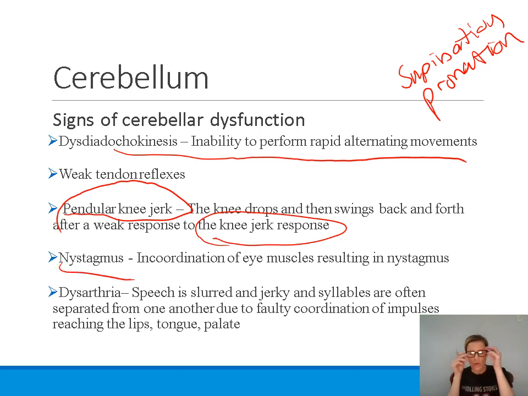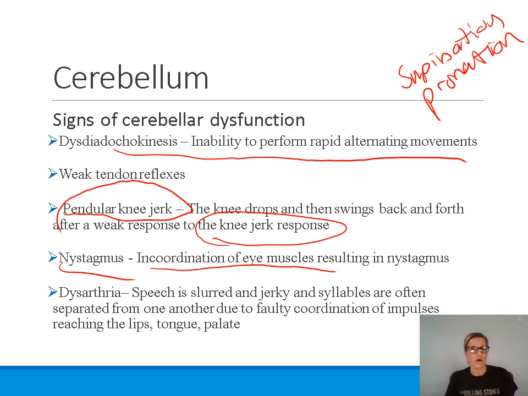Nystagmus. So nystagmus is when the eyes are going back and forth, right? This occurs because of an incoordination of the eye muscles. Now, movement of the eyes involves a lot of things, right? Like functioning of the visual pathway.